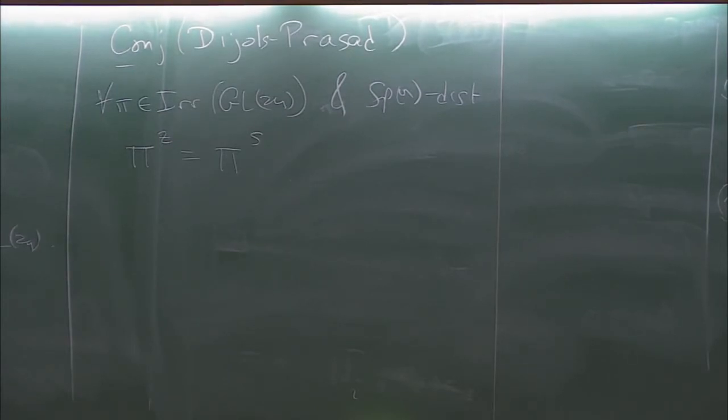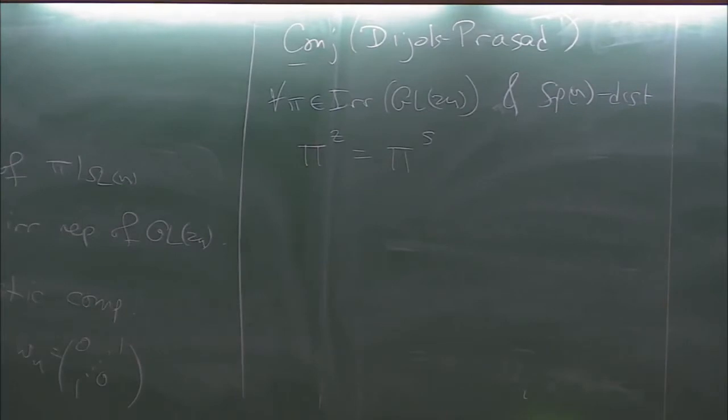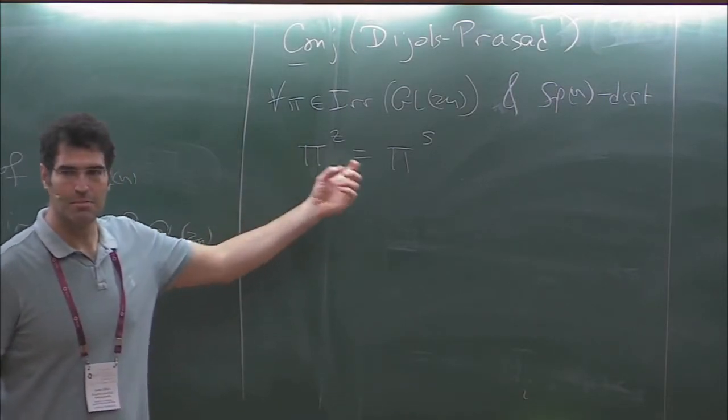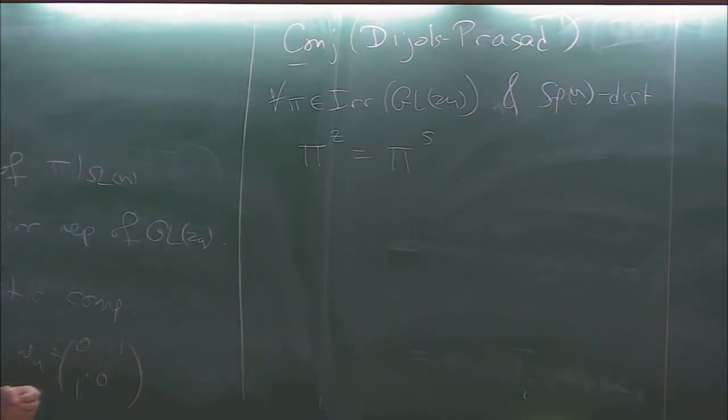So the standard maximal unipotent orbit, the Zelevinsky one of pi, is actually also the maximal unipotent orbit of the symplectic distinguished component.